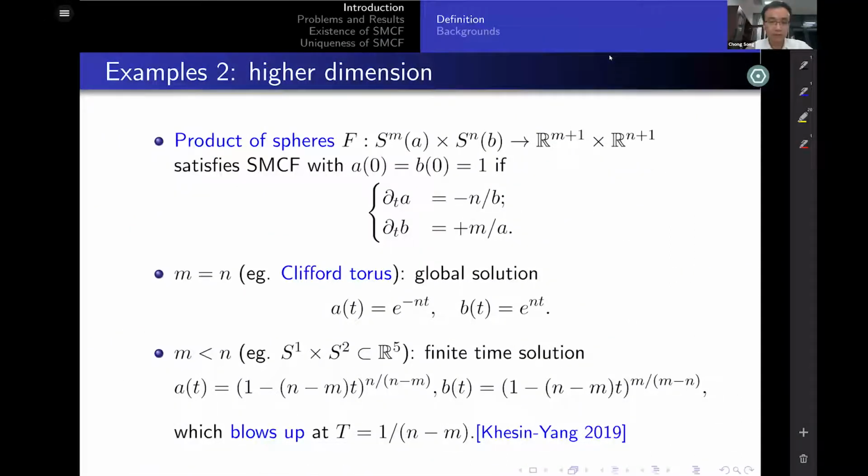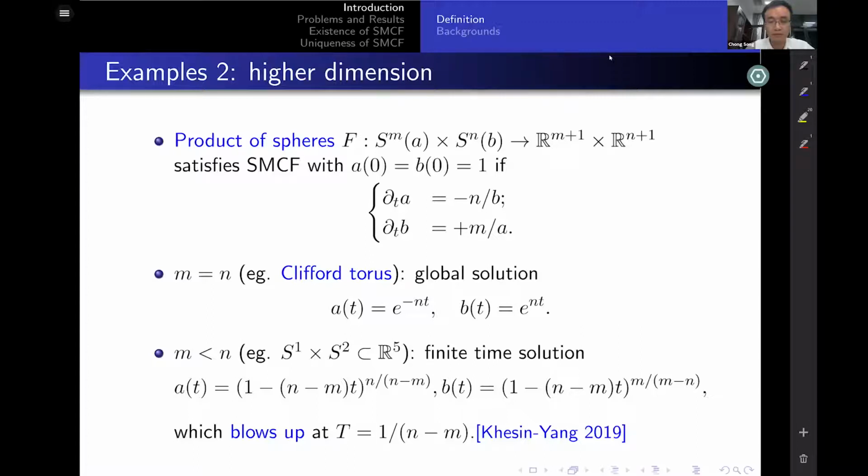There are very few explicit examples for high-dimensional skew curvature flow, but Cassian and Young recently gave a very beautiful example, which is simply a product of spheres.